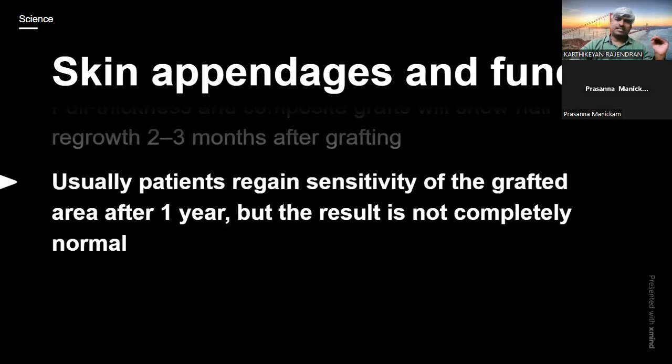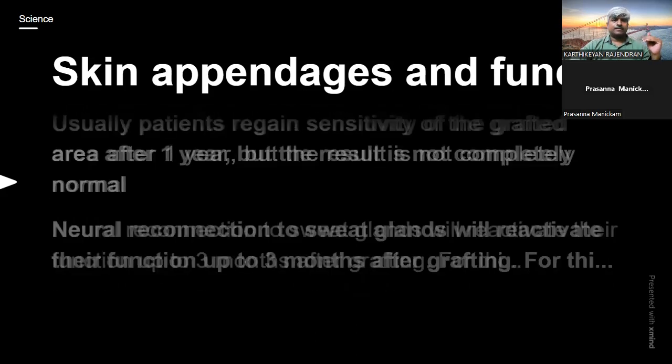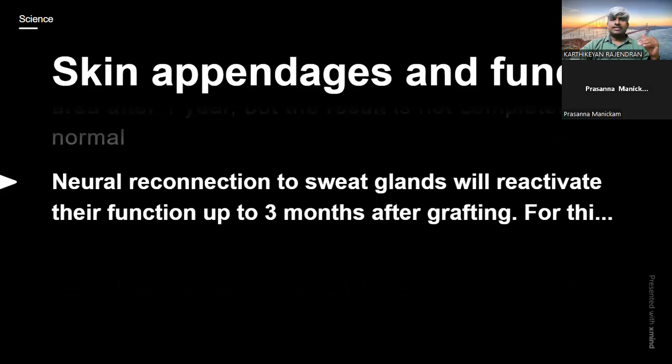That's why we advise the patient to take care of the graft, avoiding thermal injury and any other trivial injuries because sensation is decreased in that area. Okay. Neural connection to sweat glands will reactivate their function up to 3 months after grafting.